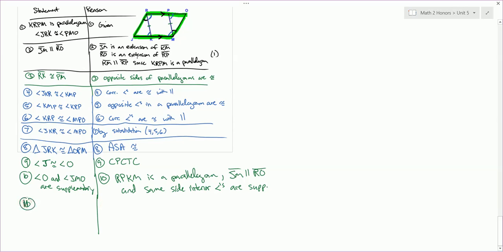Oops, that should be 11. Angle J and angle JMO are supplementary, using substitution, using 9 and 10.